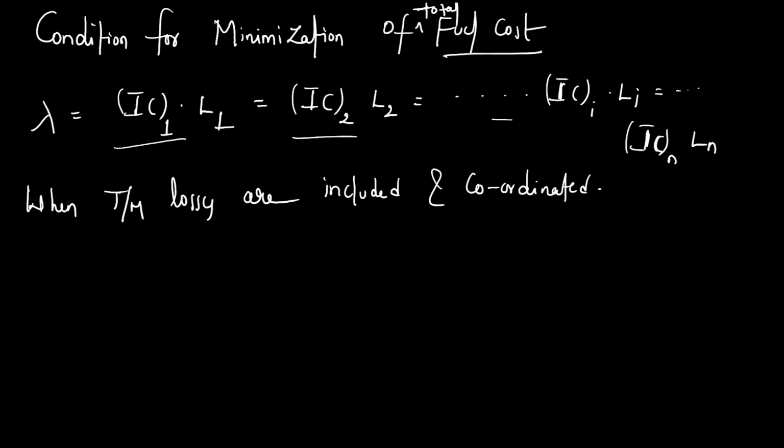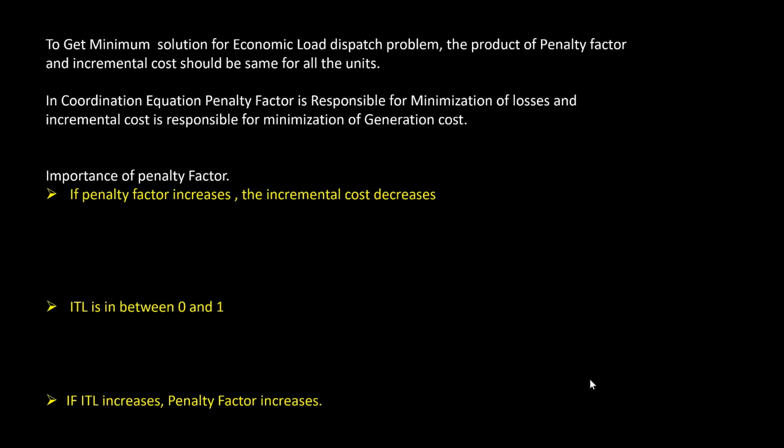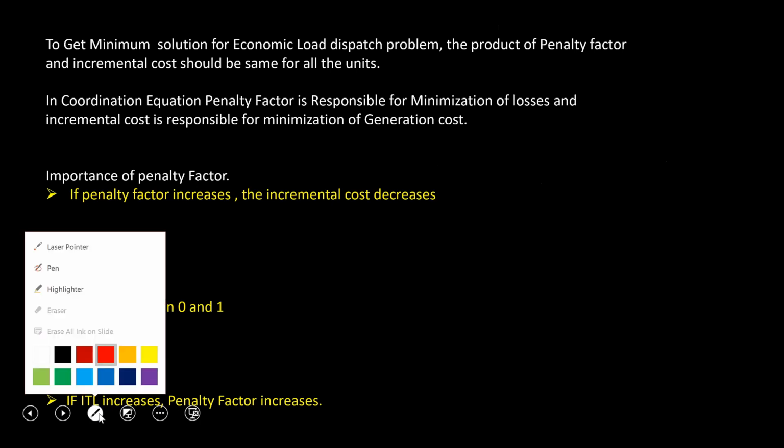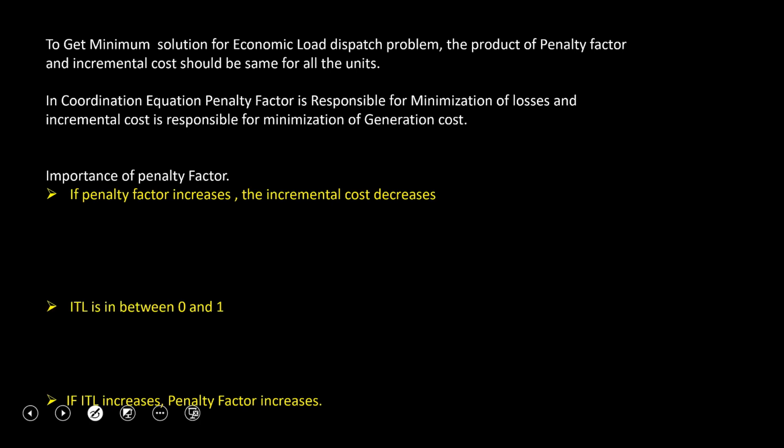The first case is where we did not include the transmission losses and we did not coordinate them. Understand? Next, to get a minimum solution for the economic load dispatch problem, that is to optimize the generations, the product of penalty factor and incremental cost should be the same for all the units.